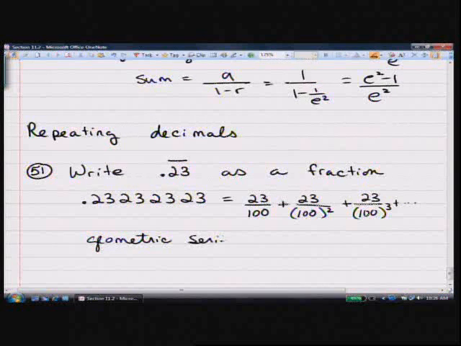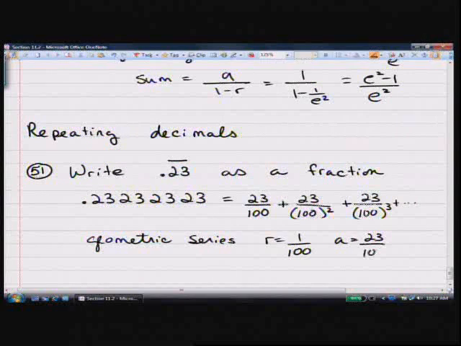I won't tell anybody that you had to type that in your calculator. But 23 hundredths squared divided by 23 hundredths is just 1 hundredth. That's your R. And your A is the first term, which is 23 hundredths.